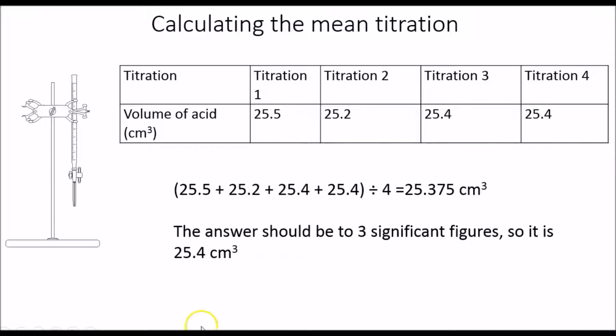So if you did 4 titrations and it took 25.5 centimeters cubed, 25.2, 25.4 and 25.4 to neutralize the acid, you'd add them all up, divide by 4, and get a mean of 25.375. But since you are measuring them to 3 significant figures, you have to give the answer to 3 significant figures, so the answer is actually 25.4 centimeters cubed.